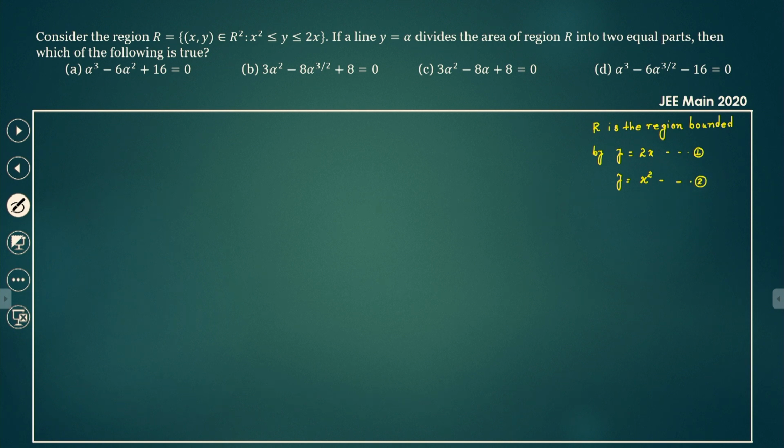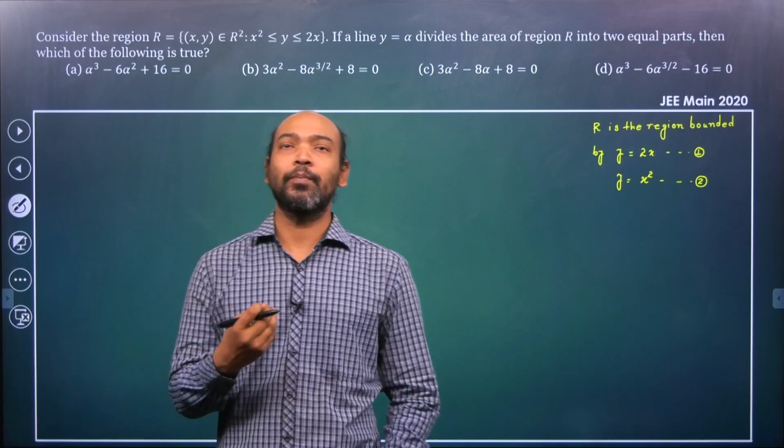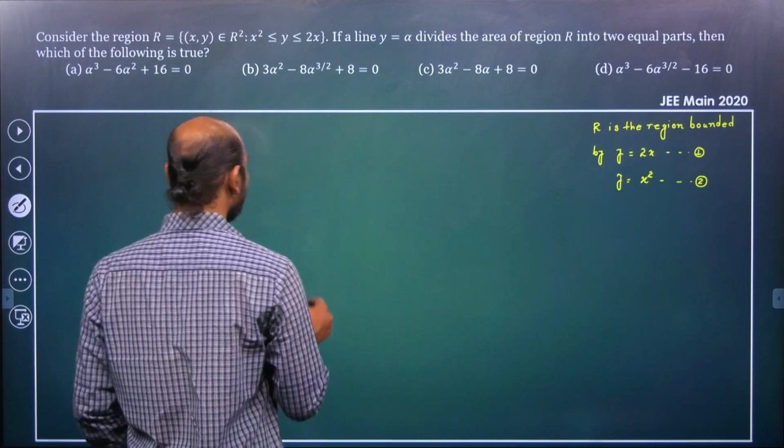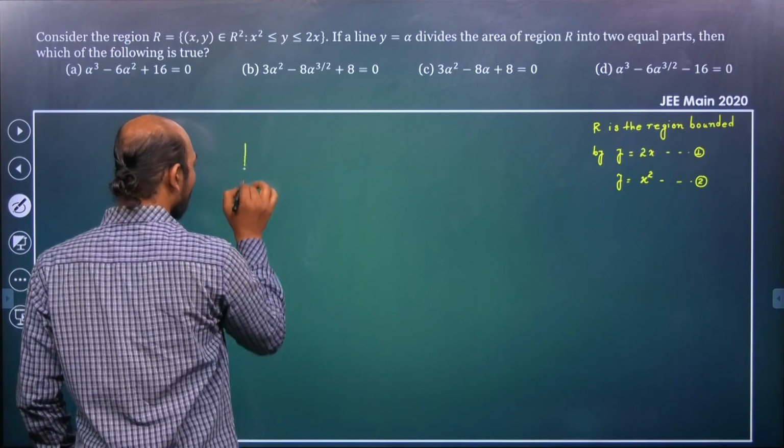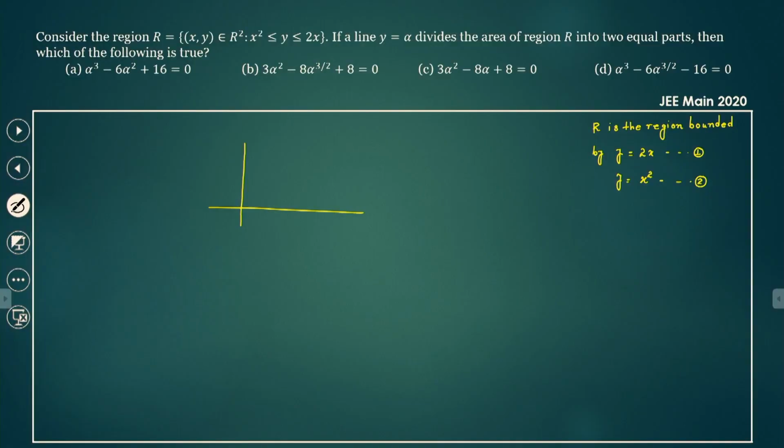So let's try to understand the plot of y equal to 2x and y equal to x square. If I try to sketch it, this is obviously y equal to 2x, which will be a straight line, and y is equal to x square will be a part of a parabola.